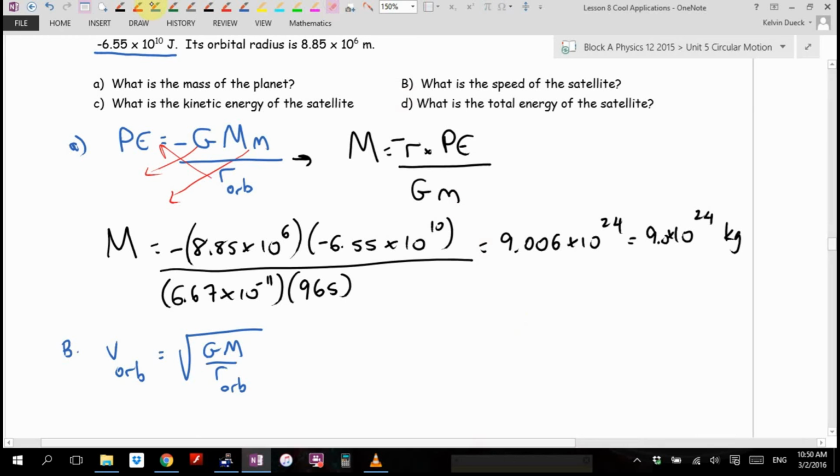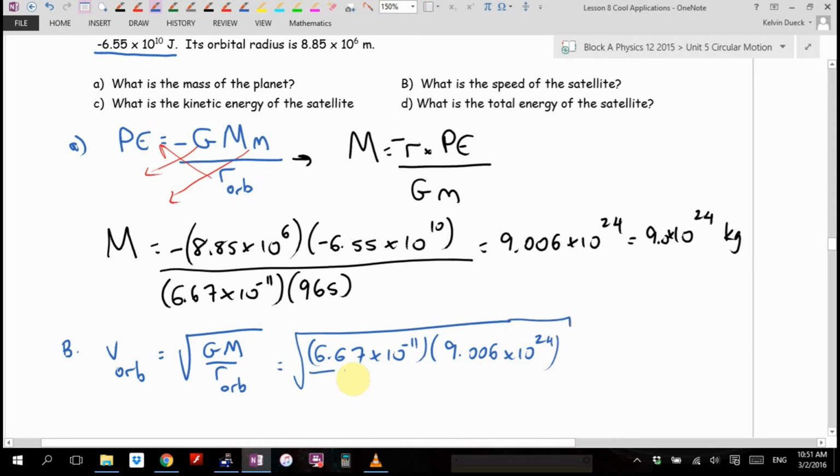All right. It's going to be the square root of 6.67 times 10 to the negative 11, big M, 9.006 times 10 to the 24th, all over the radius, 8.85 times 10 to the 6th.